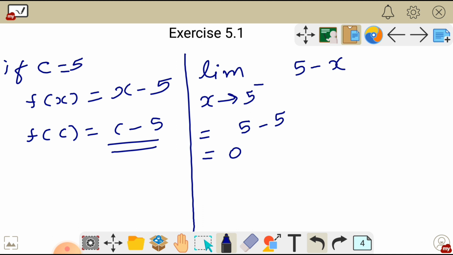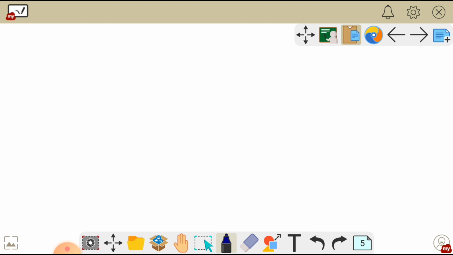Okay. Now let us take limit x tends to 5 plus, that means a function which is greater than 5. So x minus 5.